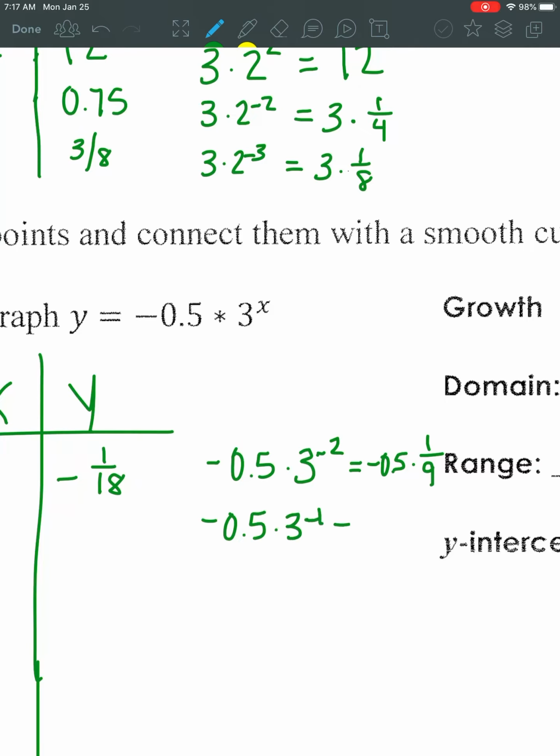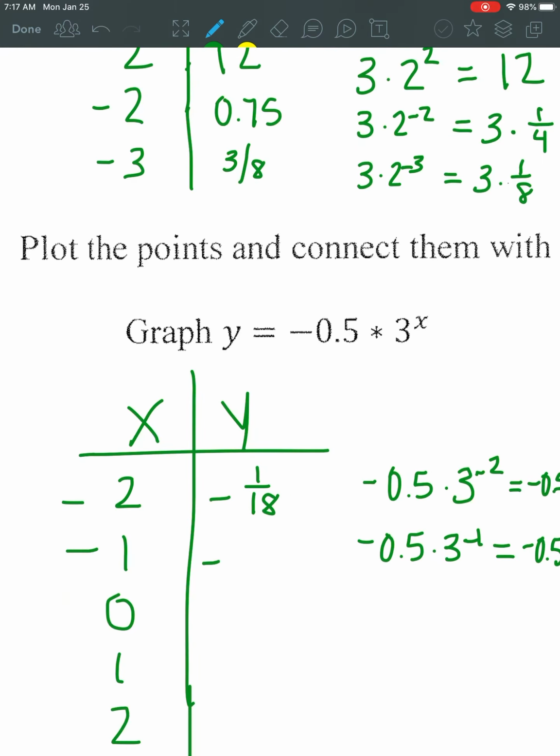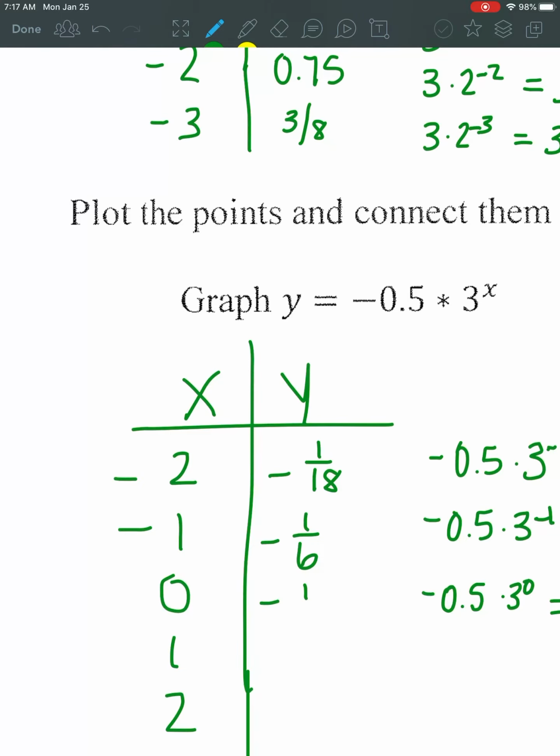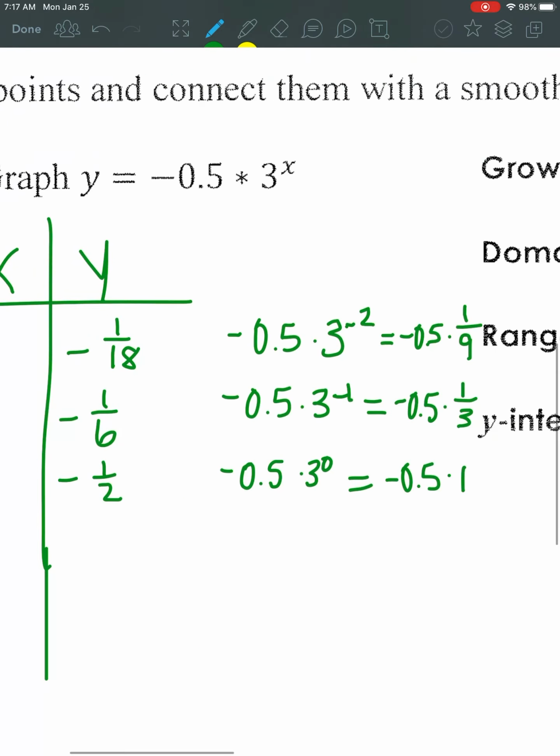Pretty small. Do it again with negative 1, so that will switch to 1/3. So negative 0.5, or negative 1/2 is what I'm thinking of when I'm multiplying, times 1/3, so we'll get negative 1/6. Negative 0.5 times 3 to the 0 power, anything to the 0 power is 1, so negative 1/2 times 1 is negative 1/2.